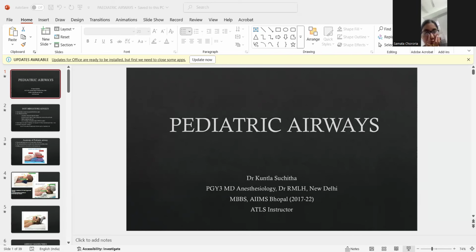To begin with, the pediatric population is not just miniature adults. They're very different anatomically and physiologically. It is important for an airway manager to know this. In terms of respiration, they have poorly supported and compliant airways.